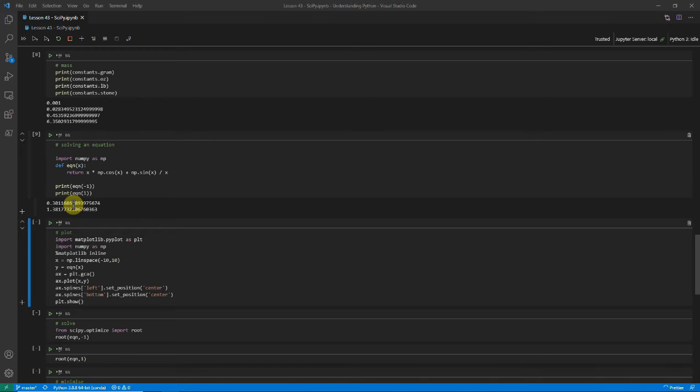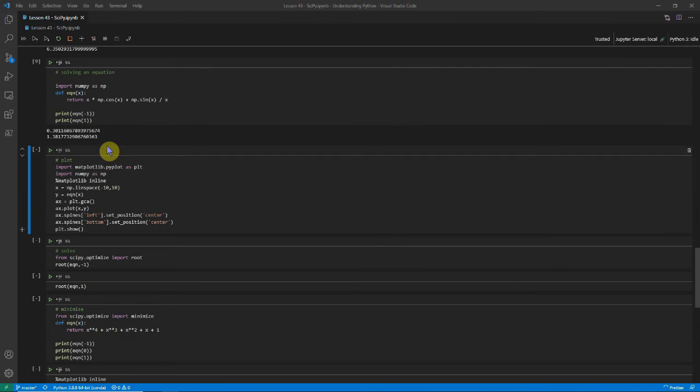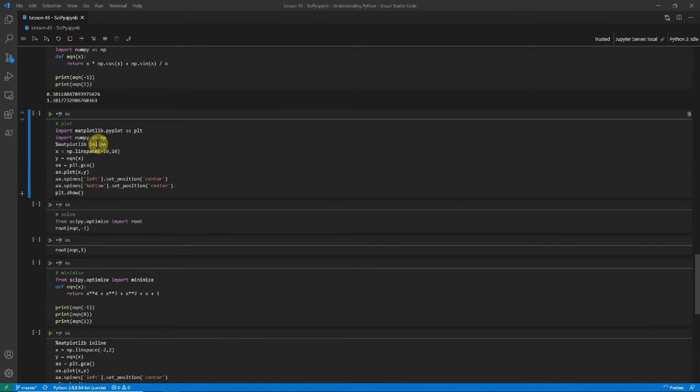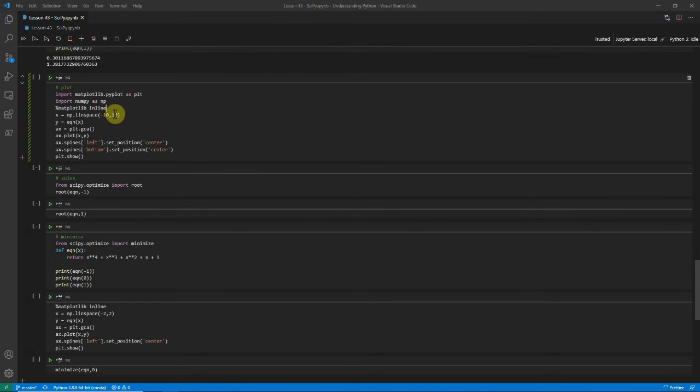But what if we wanted to solve the equation? Well, I think that would be very difficult. But we can do that using SciPy. And we've imported NumPy again, although that's not really necessary. We've got this magic line, which means that we can display plots in the notebook rather than opening a new tab. x is a linear space, so it's just a set of NumPy values from -10 to 10.